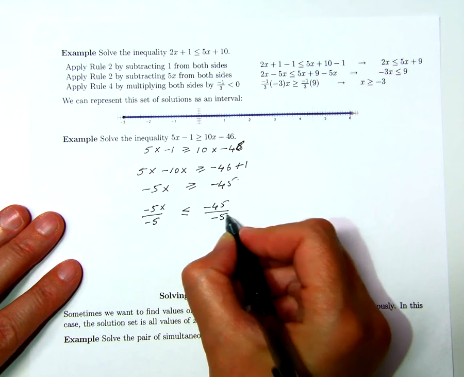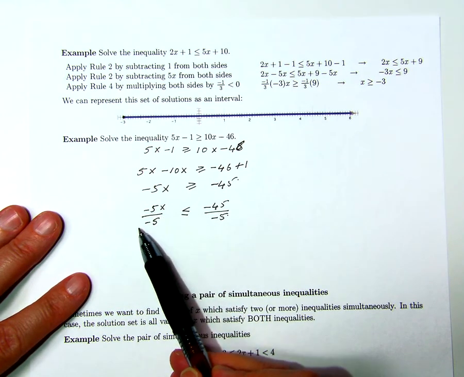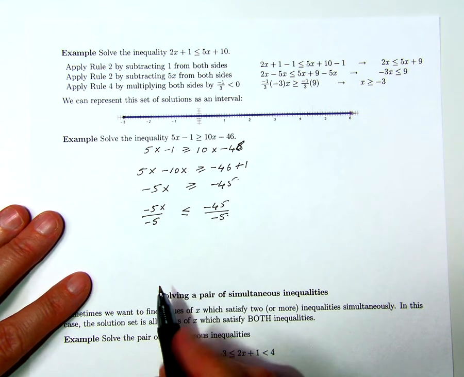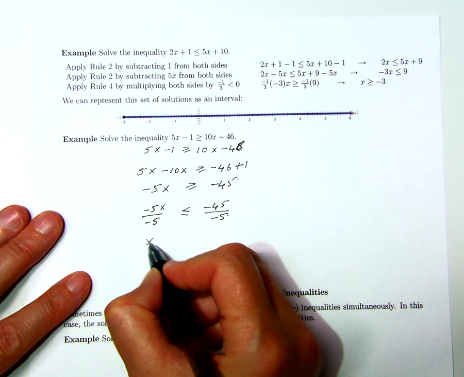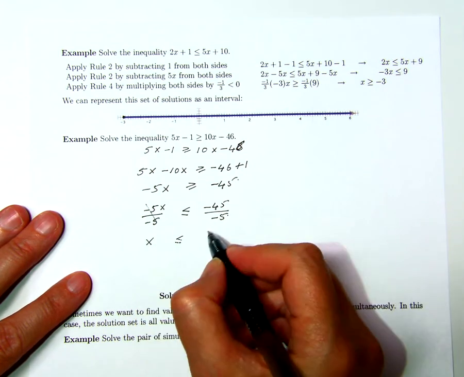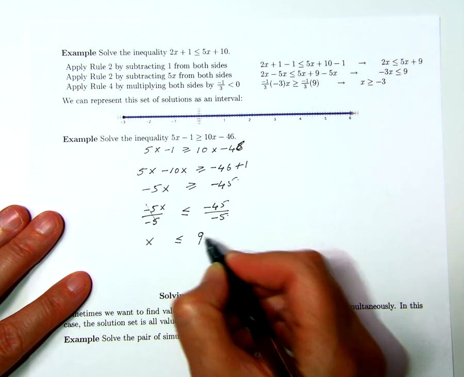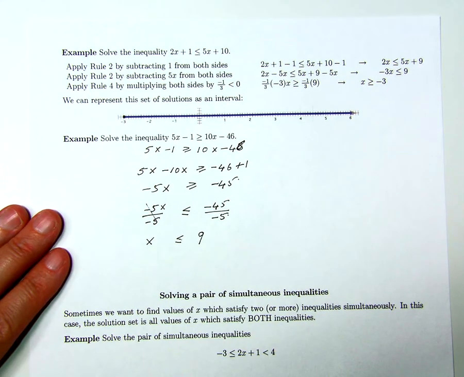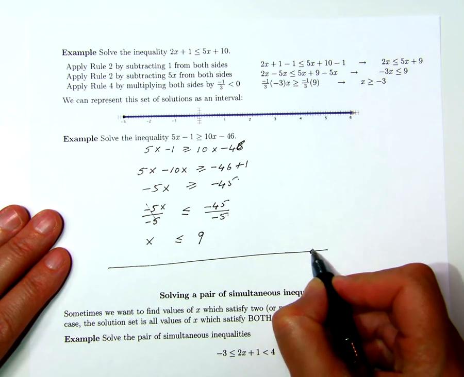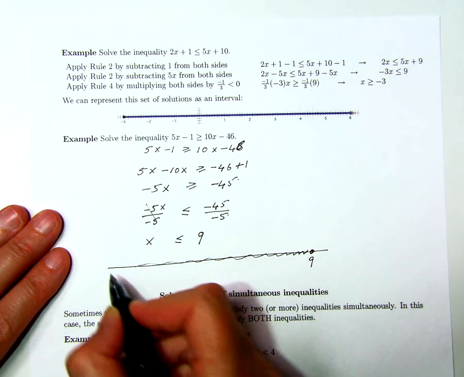So I have to flip the greater than or equal to into a less than or equal to because I'm dividing both sides by a negative number. And now I get x, these two cancel, and the minuses cancel, and we have x is less than or equal to 9. And if you like number lines, that's everything to the left of 9 on the number line.